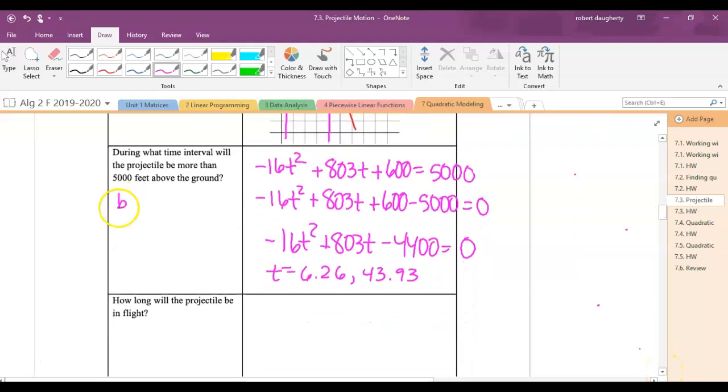So between 6.26 and 43.93 seconds after launch, I know that this thing is higher than 5,000 feet.